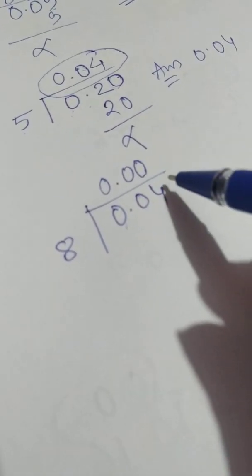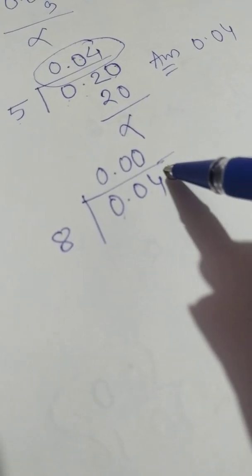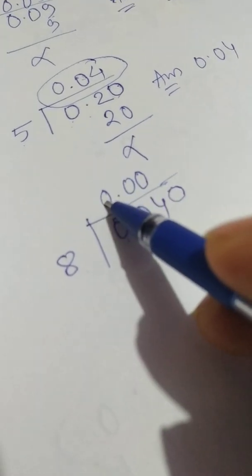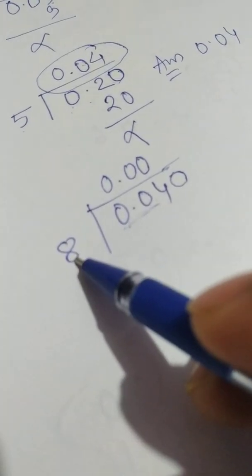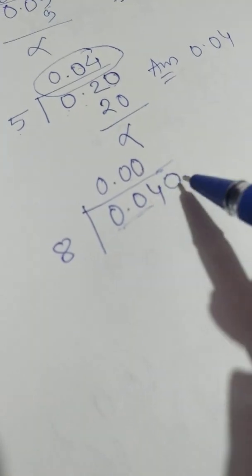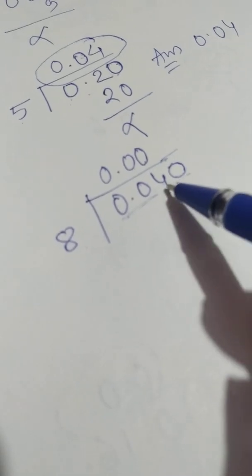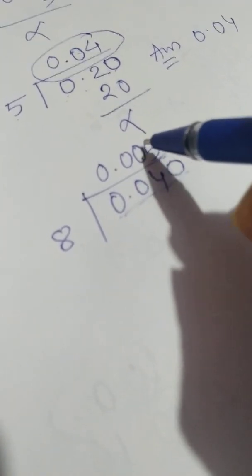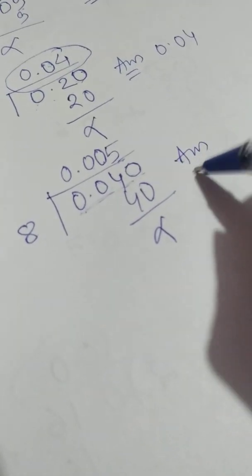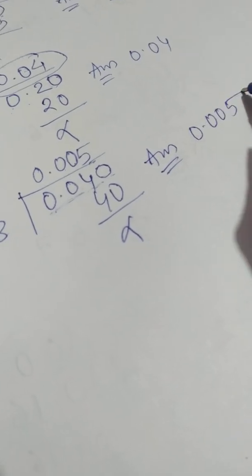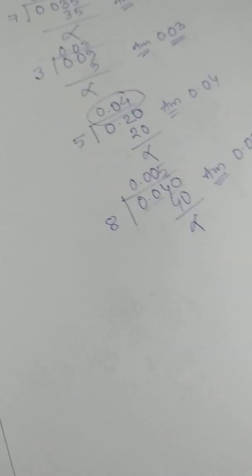Now there is no other number, but as I said, if there is no other number, we can place a 0 over here. Now 40 we can consider. So 40 divided by 8 is what? 8 into 5 is 40. So answer is 0.005.